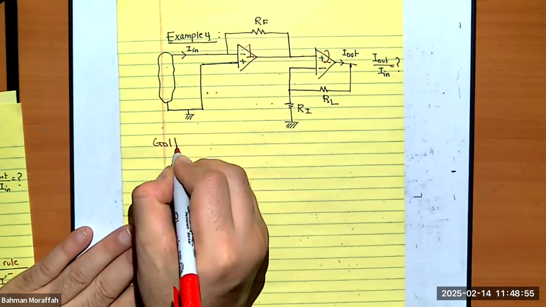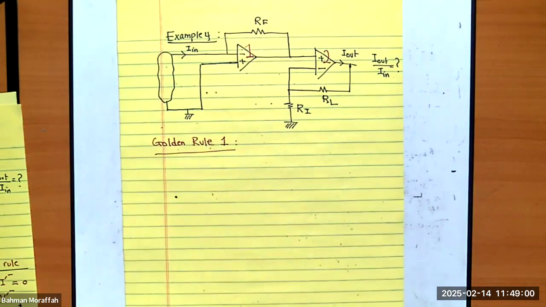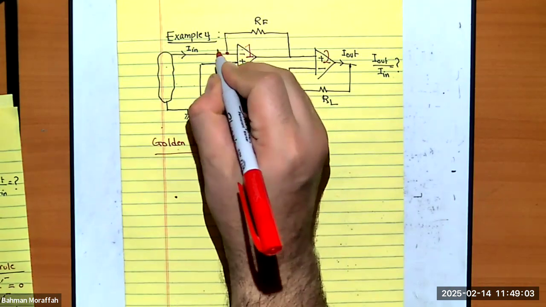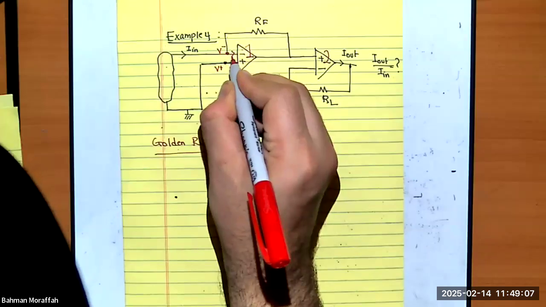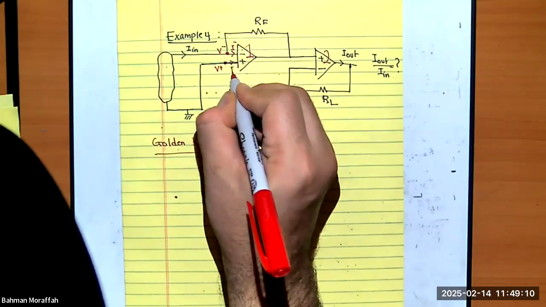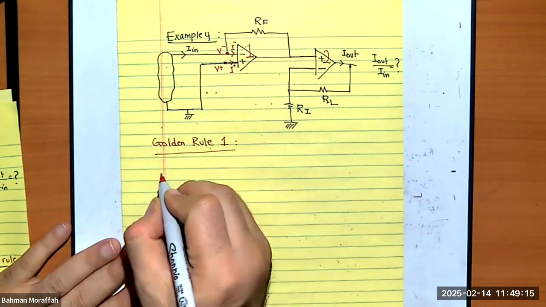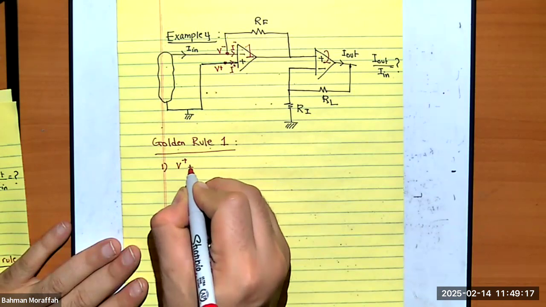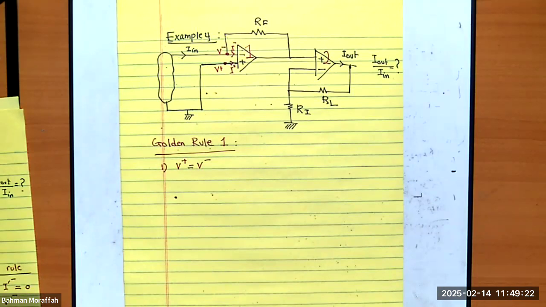So golden rule for the first one. Let's call this one V negative, this one V positive, this one I negative, and this one I positive. What do we know? The first rule tells me V plus must be the same as V negative, and that's equal to 0, because V plus is connected to the ground.